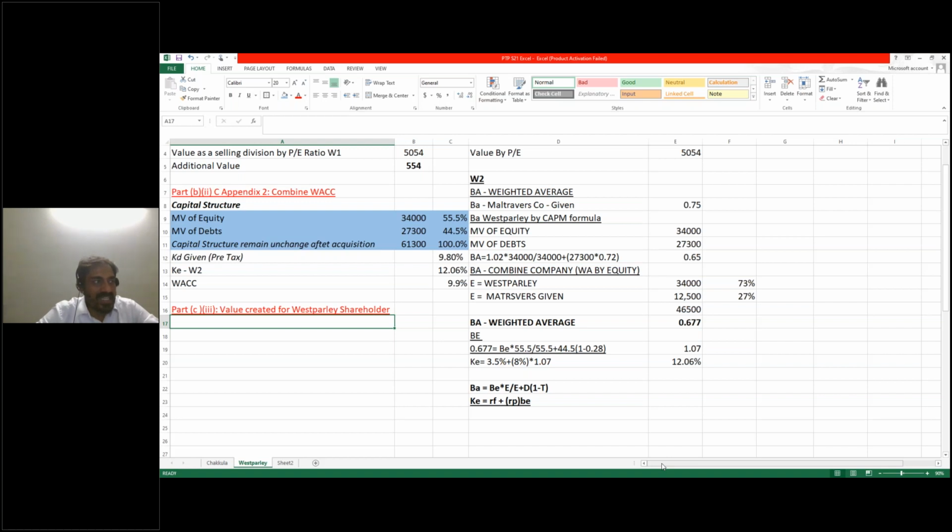They wanted to acquire Met-Travers for the purpose of acquisition.